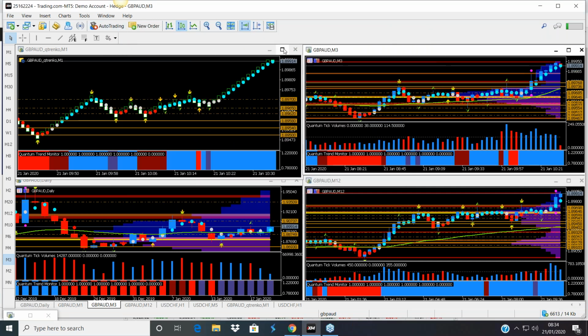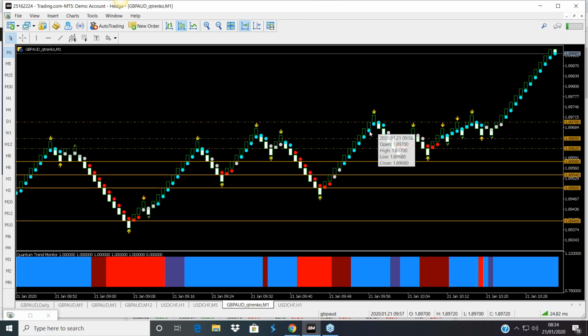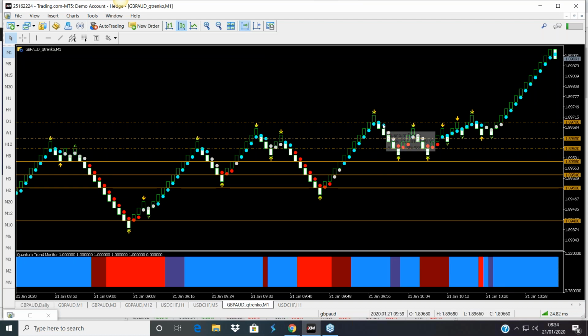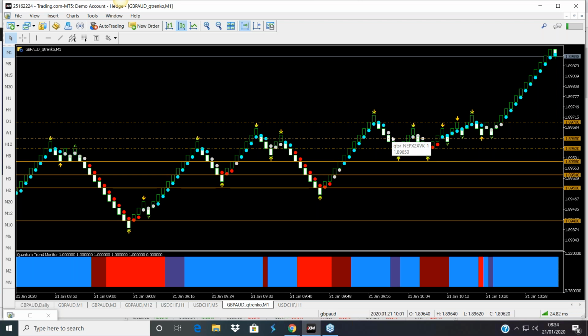What the Renko also does, it also helps you with your entries. The way I would suggest, if you have this indicator, is that you can see here the period of congestion, the flip-flopping of the trend monitor, the trend dots moving in and out of their different colors. The blue, the gray is congestion, and the red is obviously bearish.